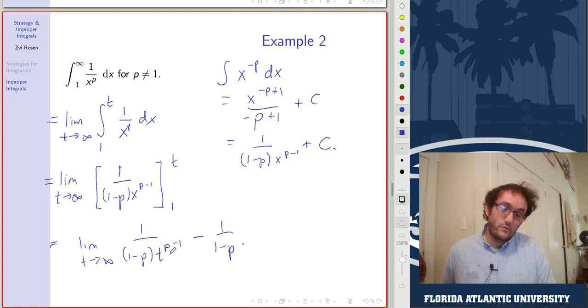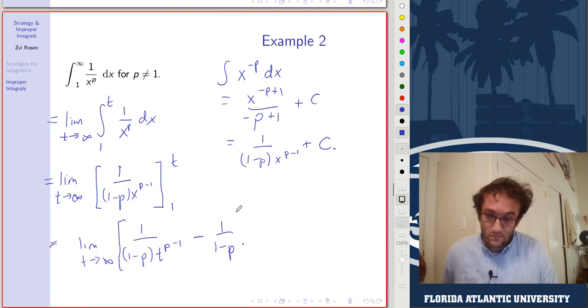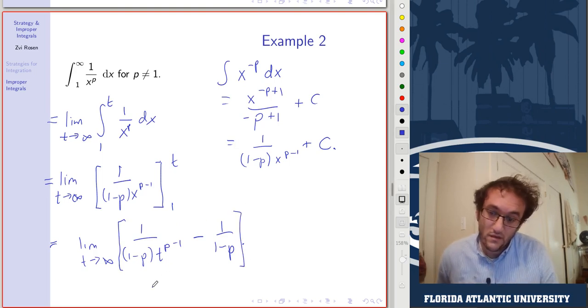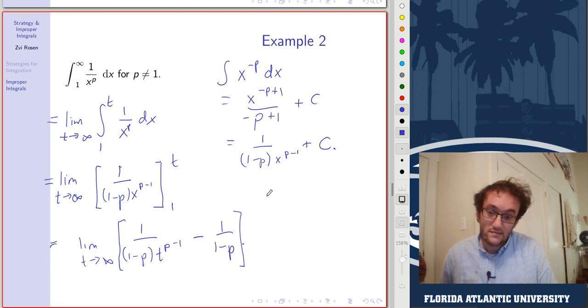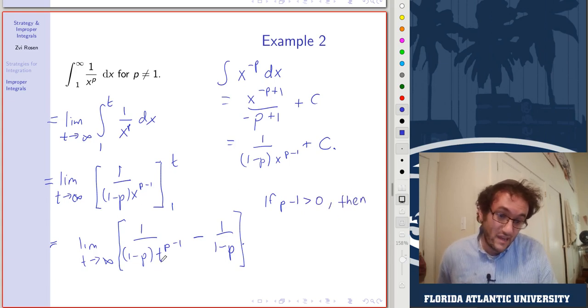So now the question is, what is this limit? Well, t to the p minus 1, if p minus 1 is positive, then this denominator gets bigger and bigger. So the fraction as a whole goes towards 0.